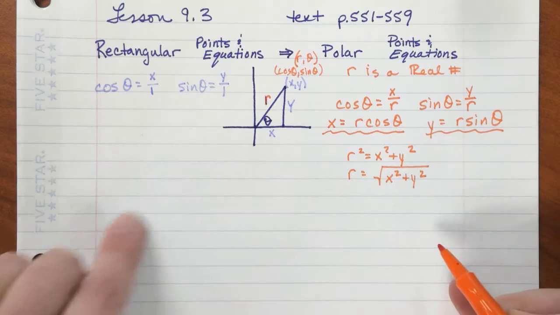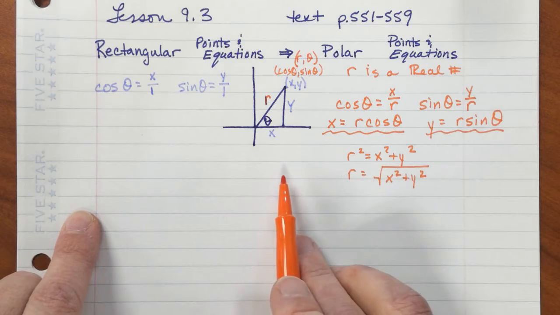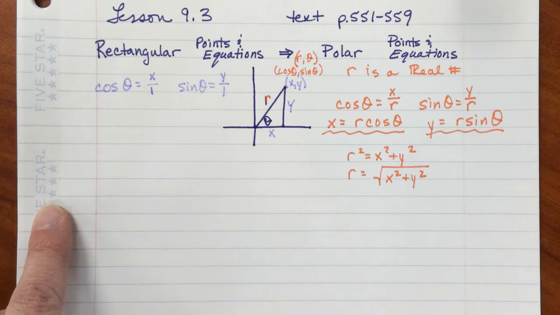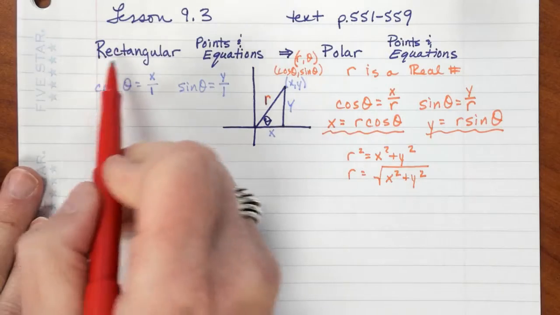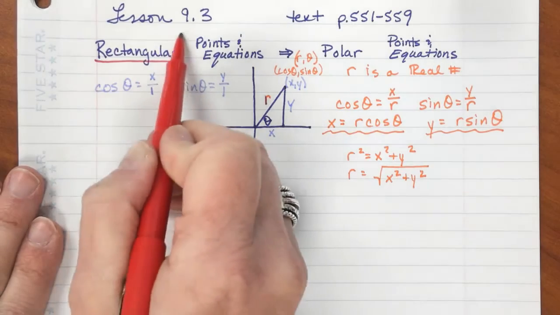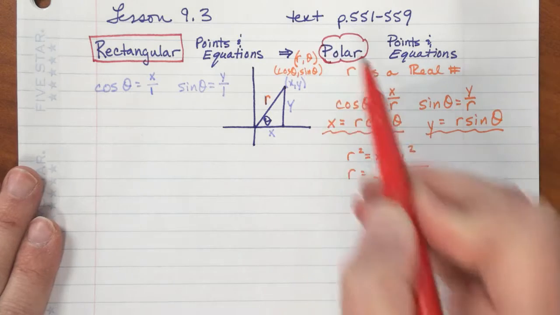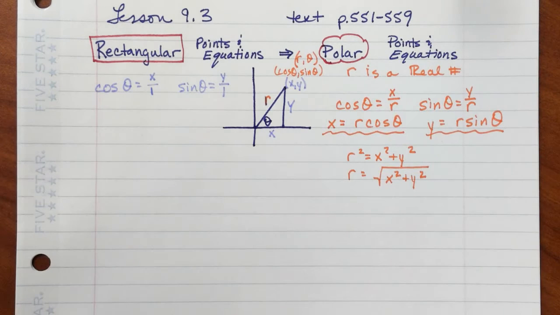Sometimes we're going to need that as well to go back and forth between the two systems, from rectangular to polar, and sometimes from polar to rectangular as well. Sometimes you're going to need to know theta.